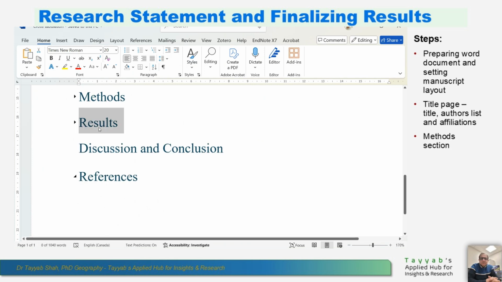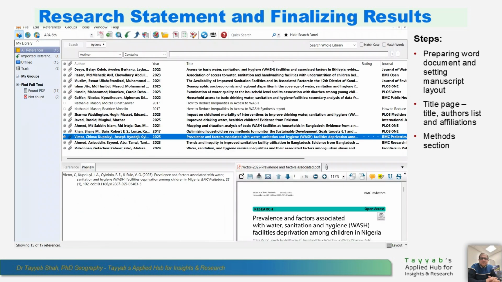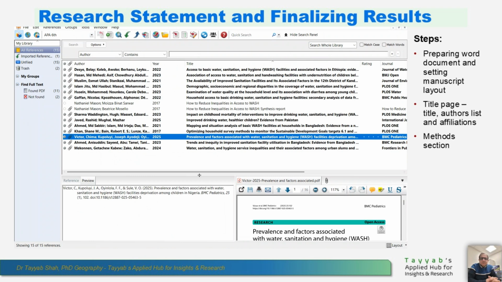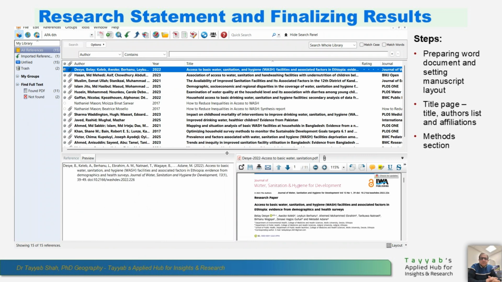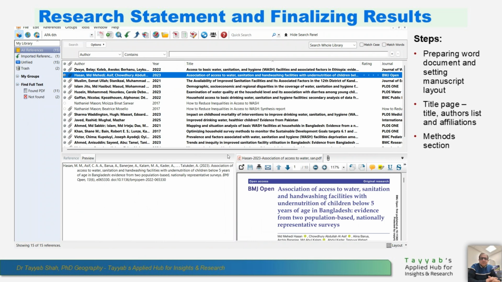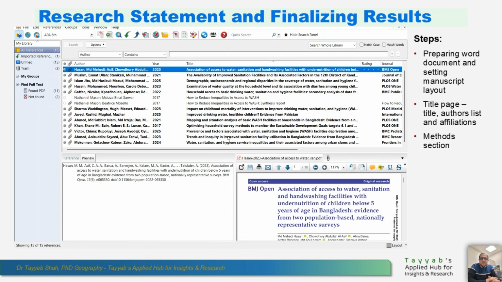One more thing I want to mention: when you work on your research objectives, you need to work on some literature. I have downloaded these papers, and I also have the PDFs attached. My EndNote library is ready, and at this moment I have 15 papers relevant to this study.